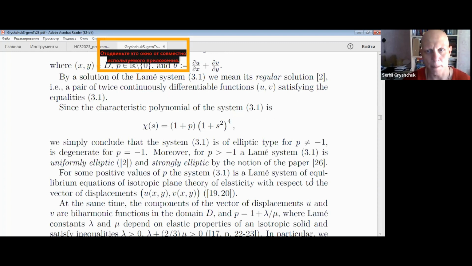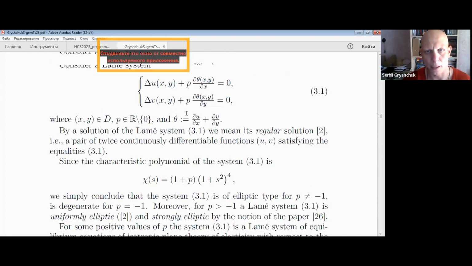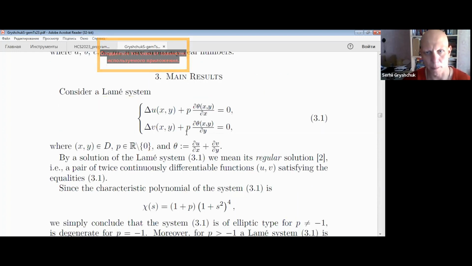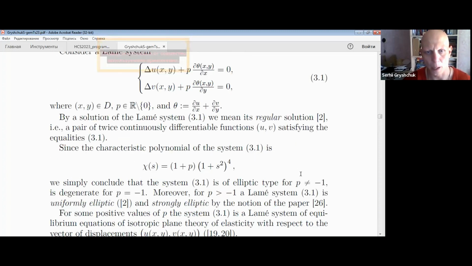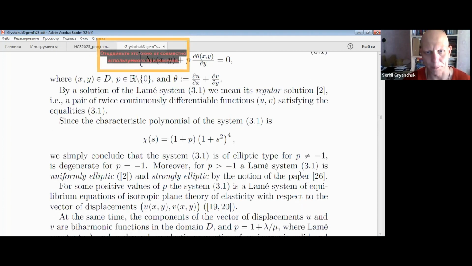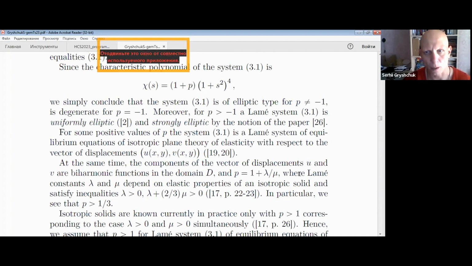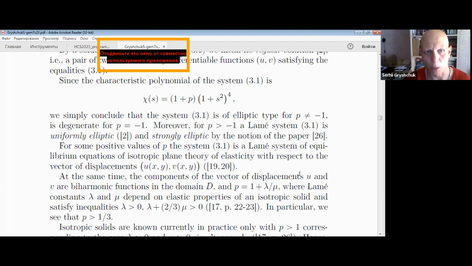At the same time, if p has values having physical meaning, the system 3.1 is a Lamé system of equilibrium equations of isotropic plane theory of elasticity with respect to the vector of displacements u and v.